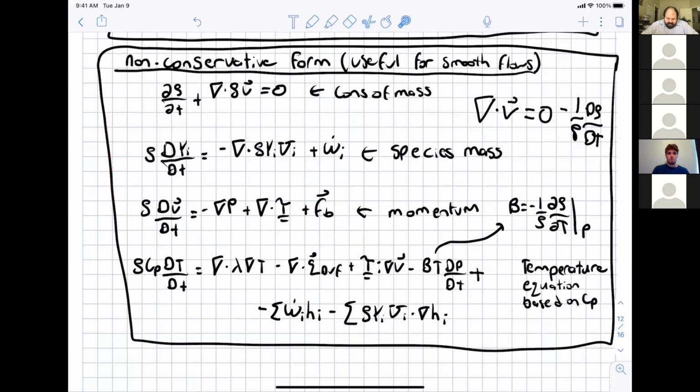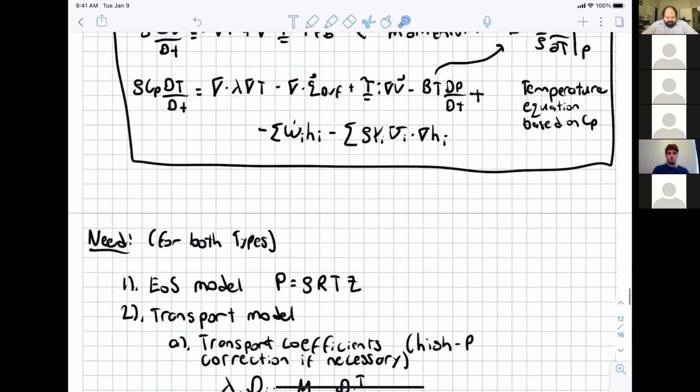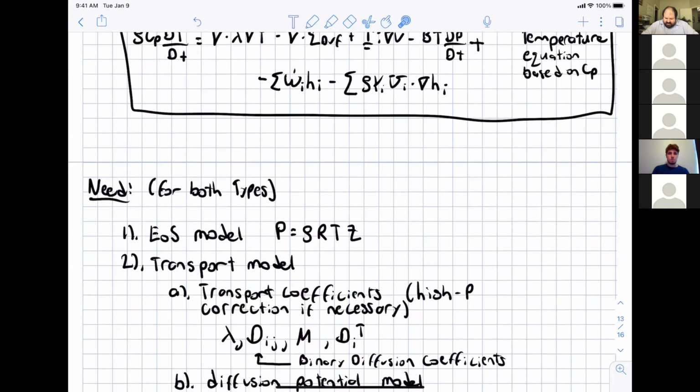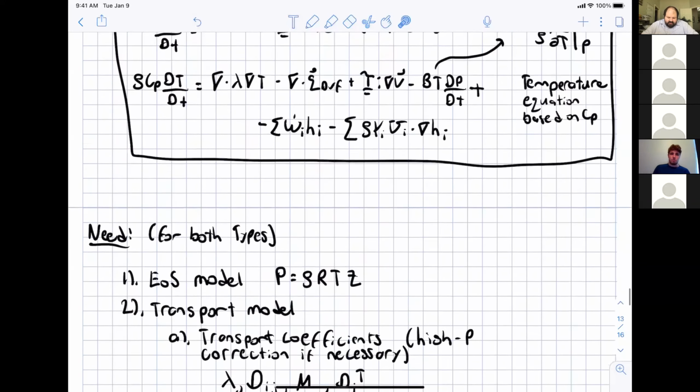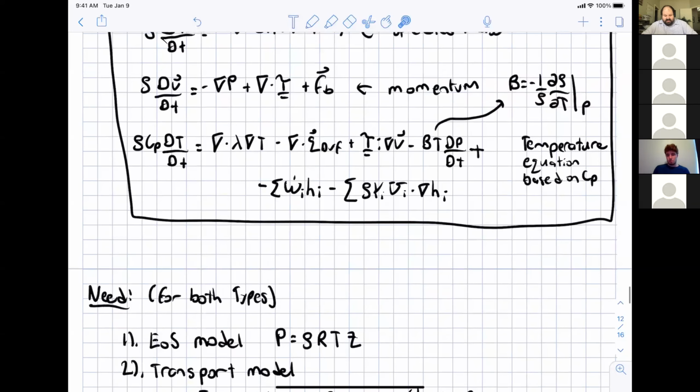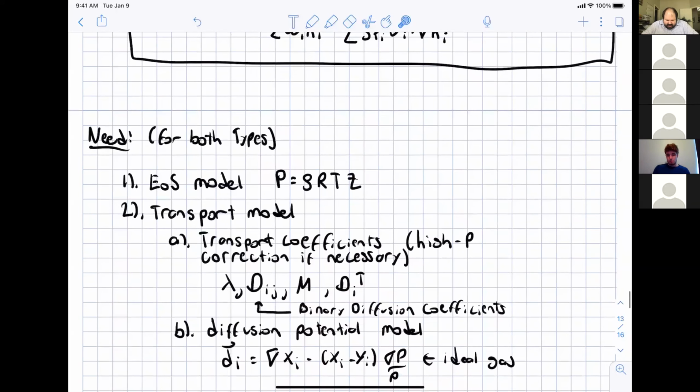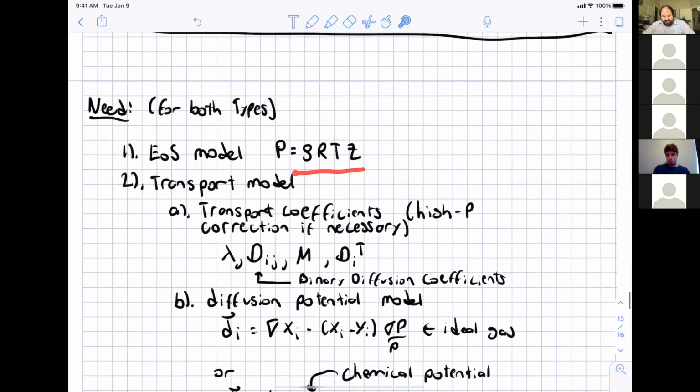Okay. Now we have the governing equations. Now there's all sorts of terms that we need to model. For both types of models, you need an equation of state of some sort. And for low Mach number flows, you can actually use what's called the incompressible ideal gas law, and that assumes that P is equal to a constant.